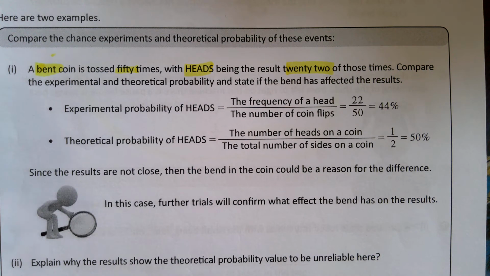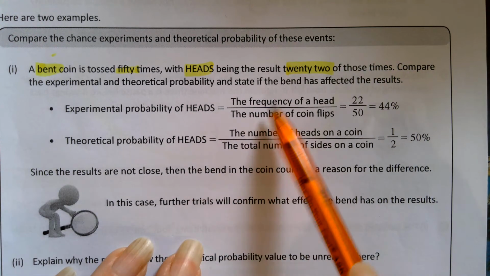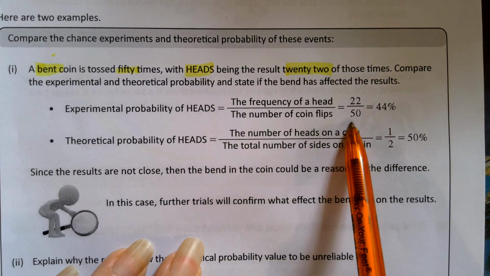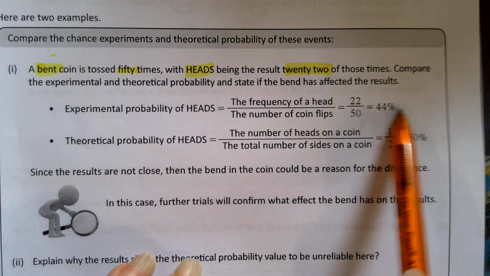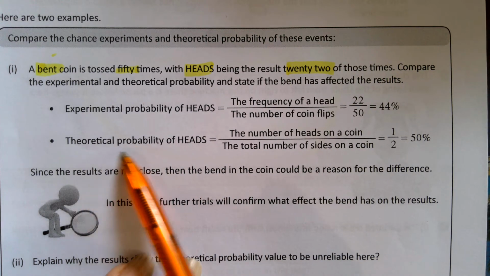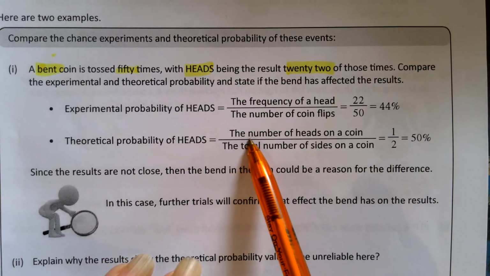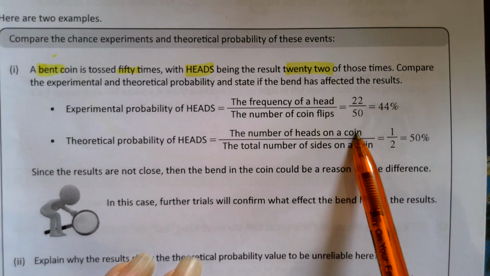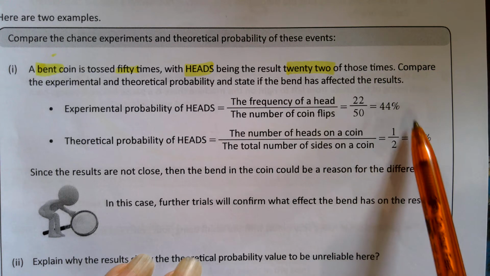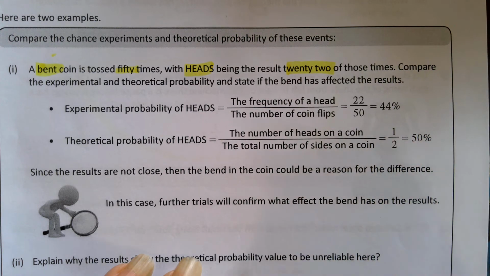The experimental probability: we got 22 heads out of 50 flips, so it was 44%, doubling top and bottom. The theoretical probability, however, is the number of heads on a coin, and as you know, the theoretical probability for flipping a head on a coin is a half, 50%.